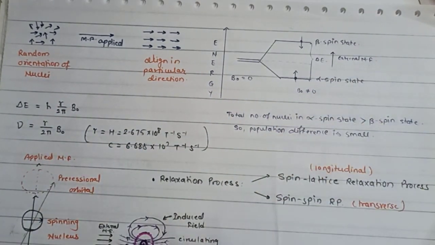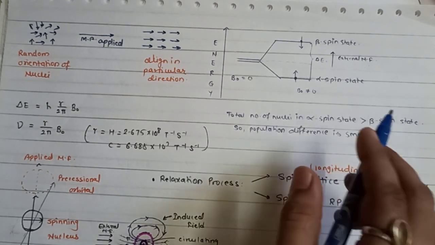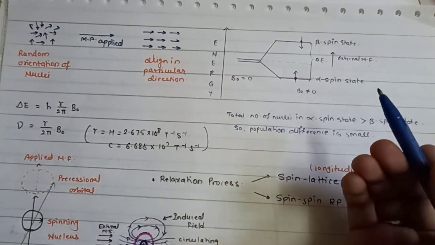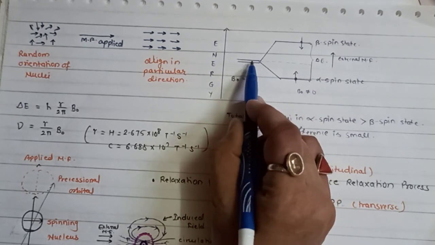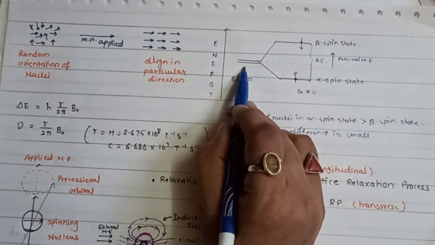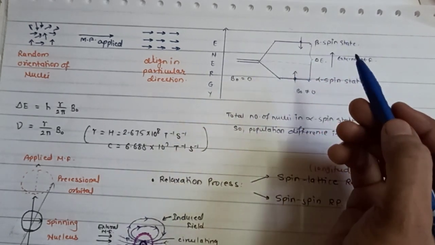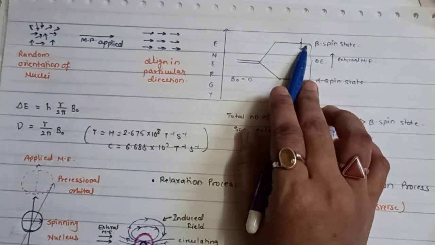Then what will happen, students, as soon as you apply the external magnetic field, the first condition is the completely degenerate state. Then they split into two states, the lower energy state and the higher energy state.